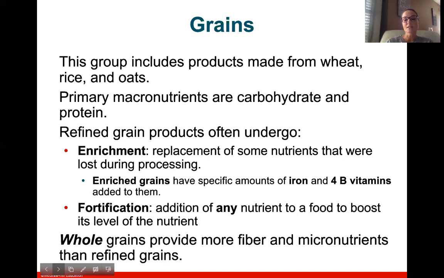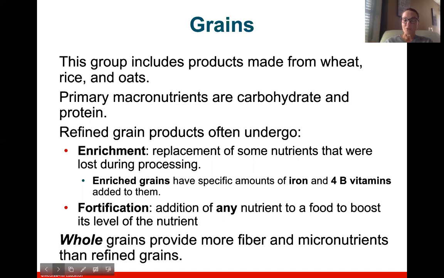And so we identified that this was a problem for a lot of people, that some of those nutrients were being stripped, and so that we are finding people that were low in certain B vitamins. So now we enrich our grain products.